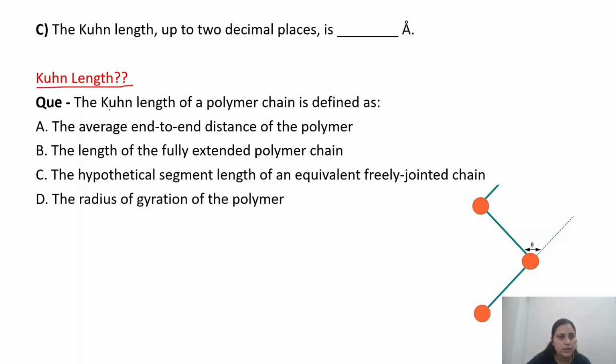The Kuhn length of a polymer chain is defined as option A, the average end-to-end distance of the polymer; B, the length of the fully extended polymer chain; C, the hypothetical segment length of an equivalent freely jointed chain; or option D, the radius of gyration of the polymer. So, in your opinion, what should be the correct answer?